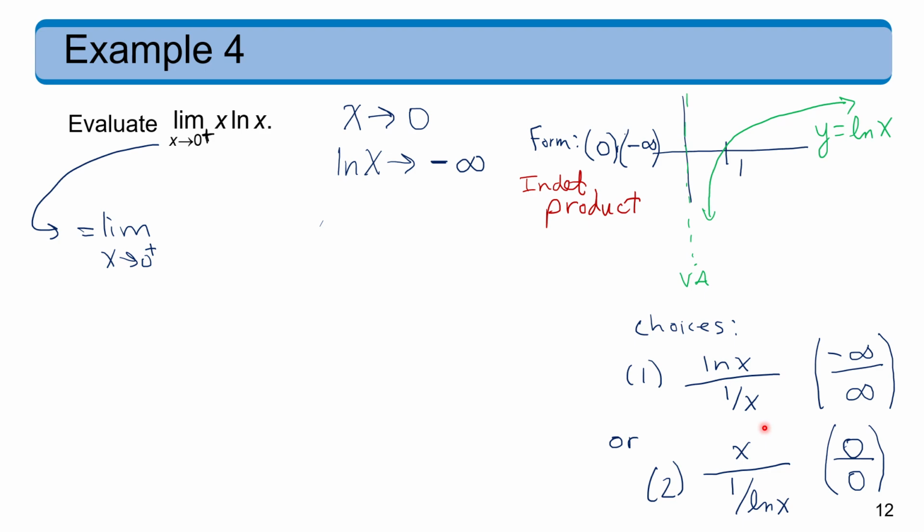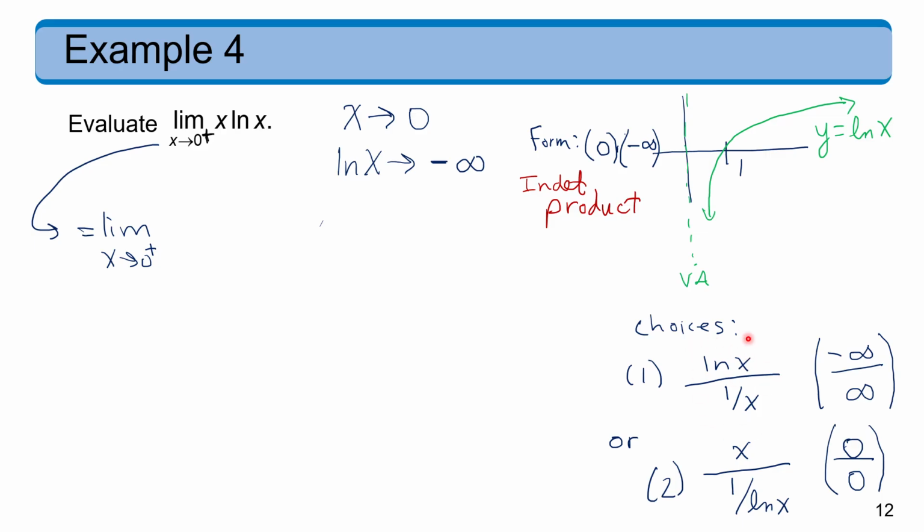So if you look at this second choice, when we apply L'Hopital's rule, we'll take the derivative of the numerator, which is easy, but the derivative of the denominator is a little bit messy, right? You'd have to use maybe the quotient rule, and the denominator is natural log x, which is not the nicest function to deal with. Compare that to choice 1.